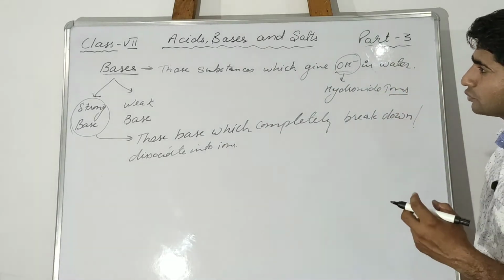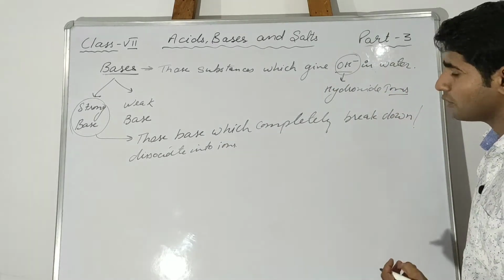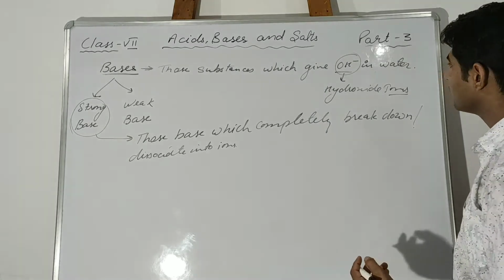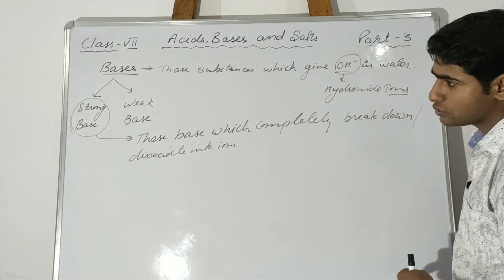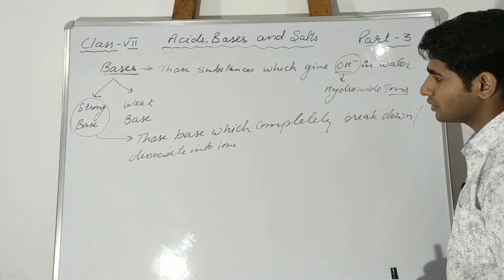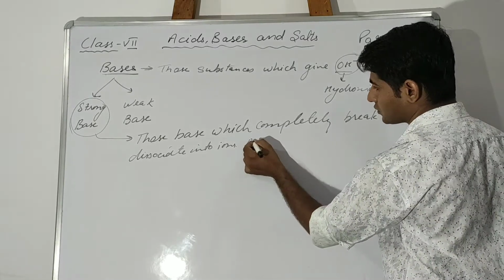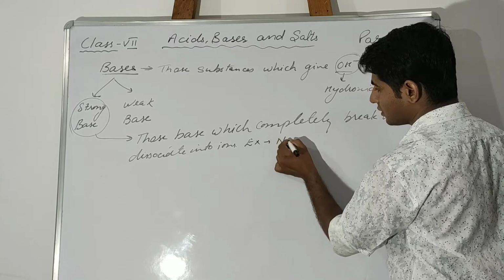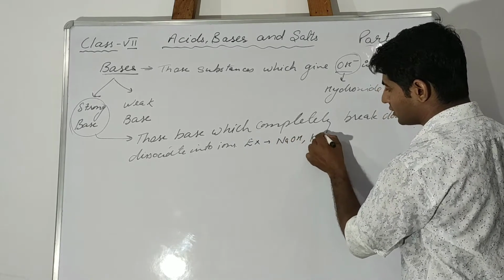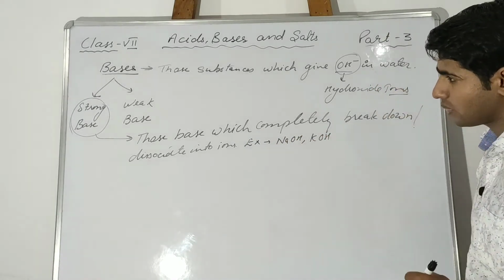Meaning a base which breaks down completely into cation and anion, into two parts, then it is said to be a strong base. So examples of strong base are sodium hydroxide and potassium hydroxide.